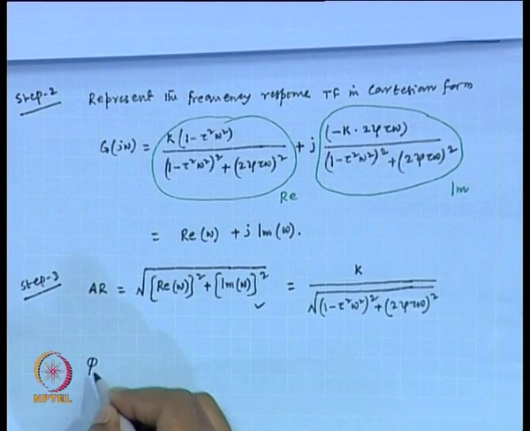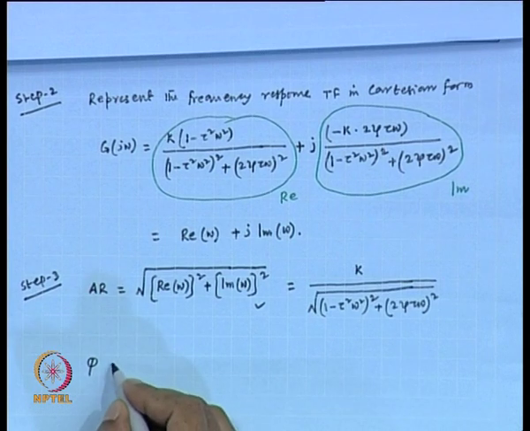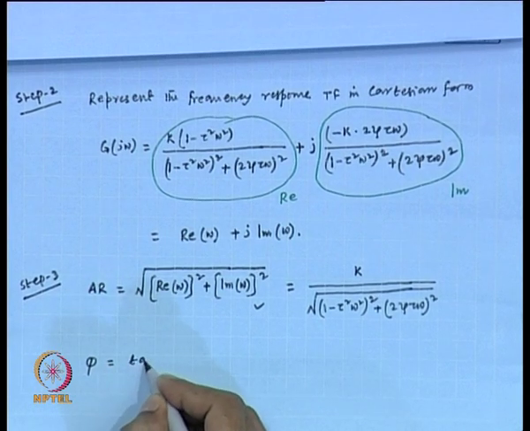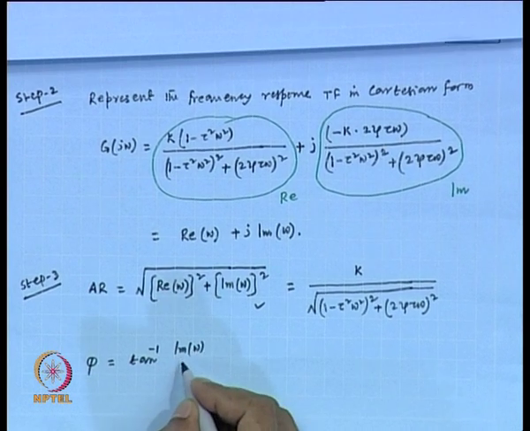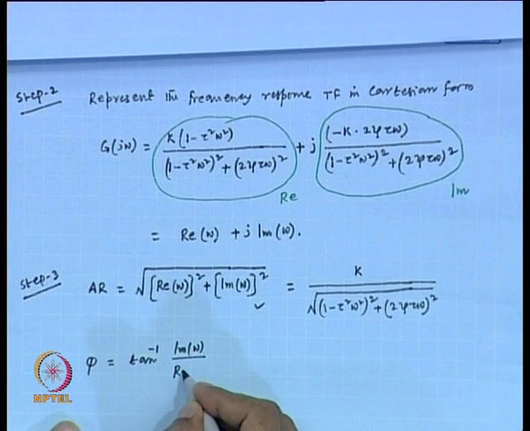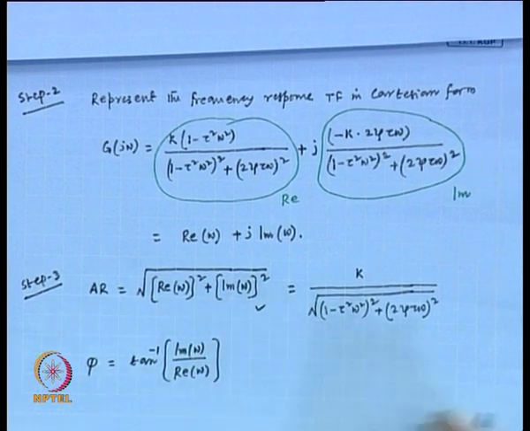Similarly, we can find the phase angle phi using this form. Phase angle phi equals tan inverse imaginary part by real part.